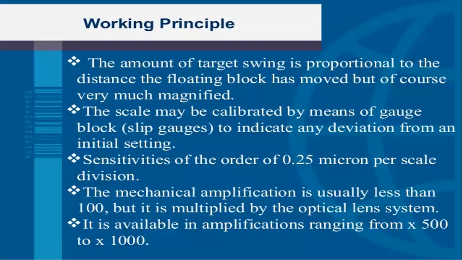So let's see the working principle of this Reed type comparator. The amount of target swing is proportional to the distance the floating block has moved. Already we have discussed the two types of blocks, that is the floating block, which is the moving block, and the fixed block.